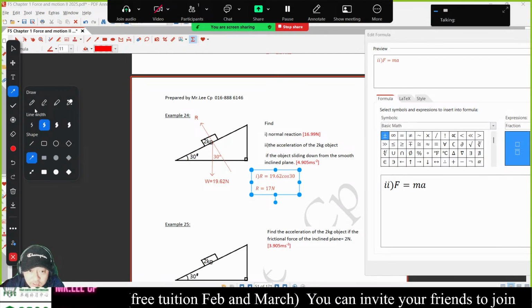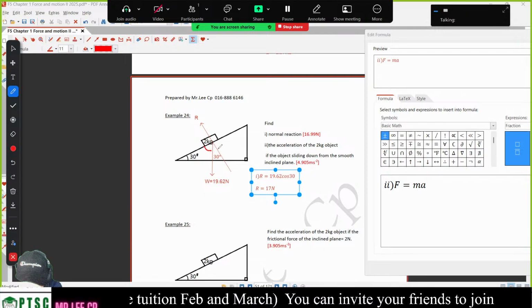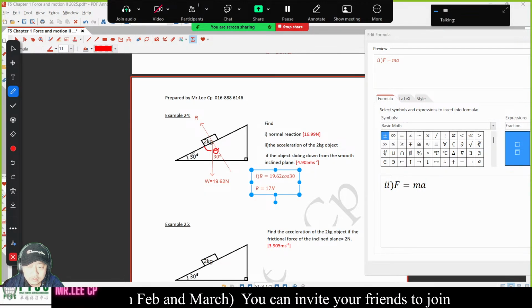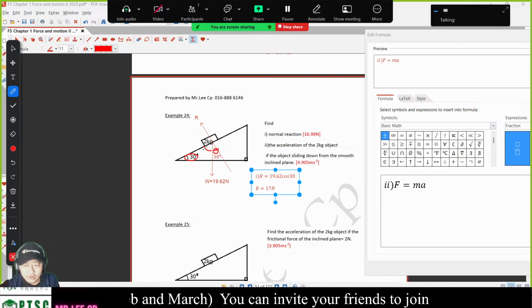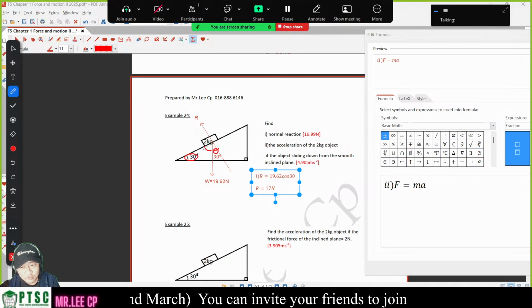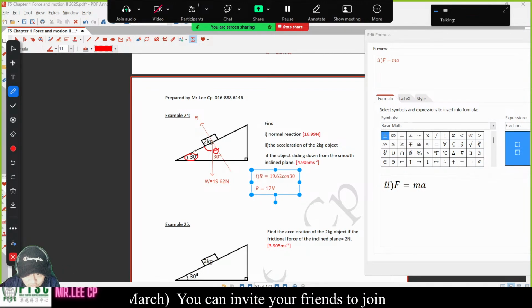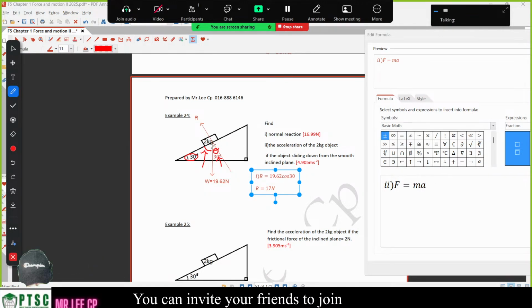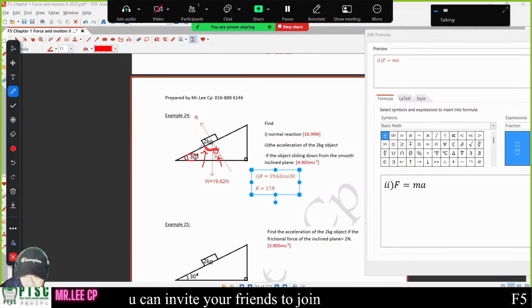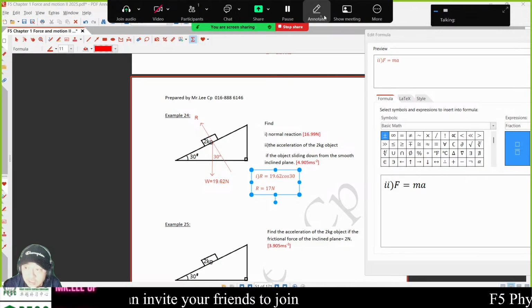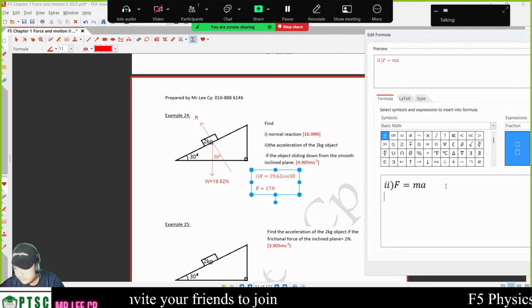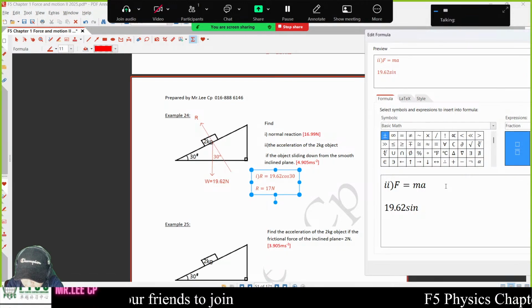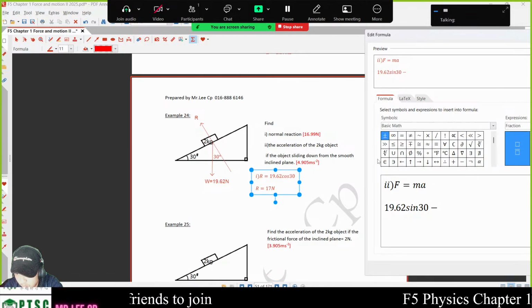Where is the anchor? Anchor is here. Touch this theta or not? Not this one, this one is out of the topic already. Nothing to do with this 30. The one you should see is this one only. The angle here is not touching 30, so I use sine. So 19.62 sine 30 minus the friction.